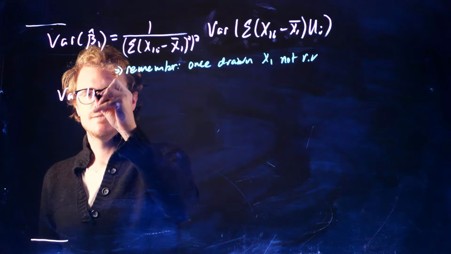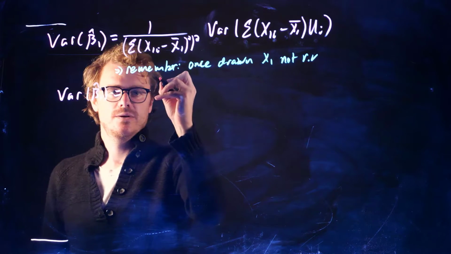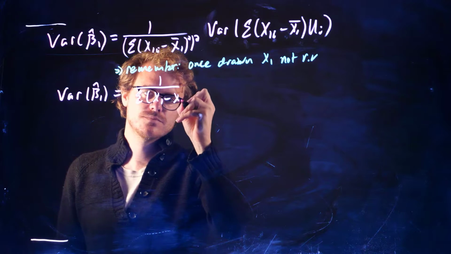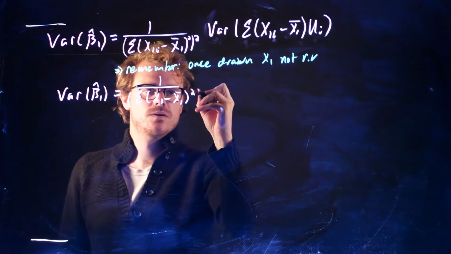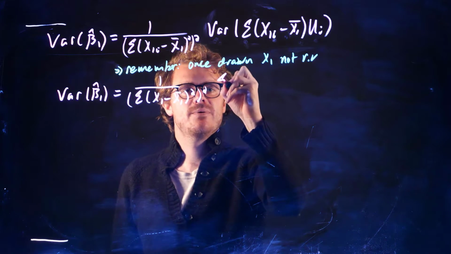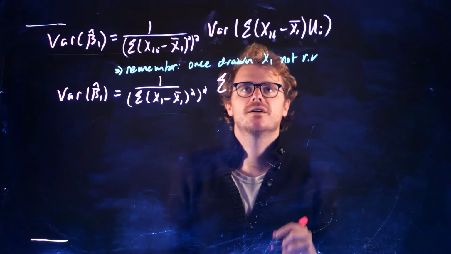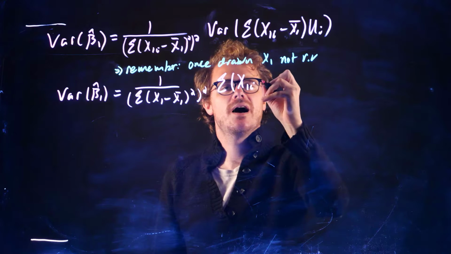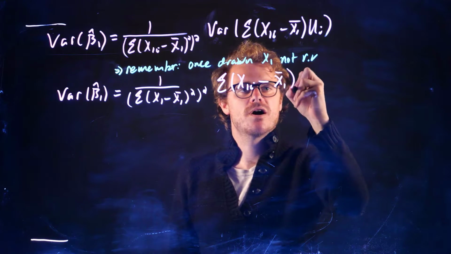So we have the variance of beta hat 1 equals this first term, and we have this sum that we've taken outside of the variance, x1i minus x1 bar squared.